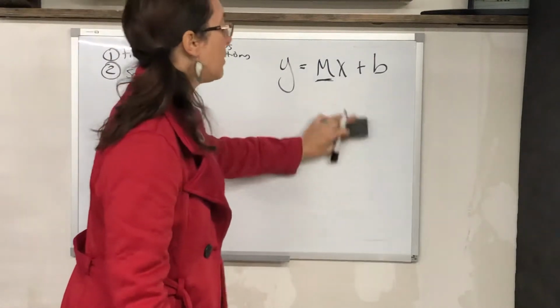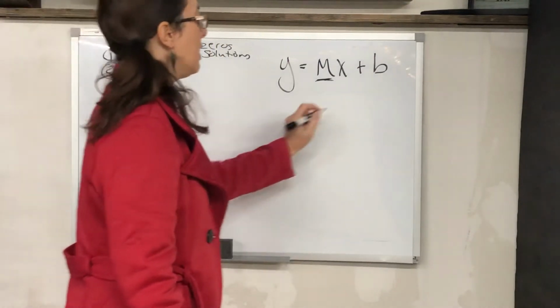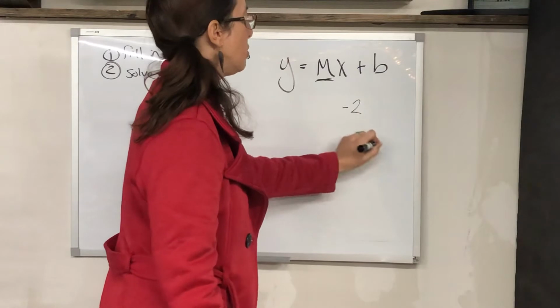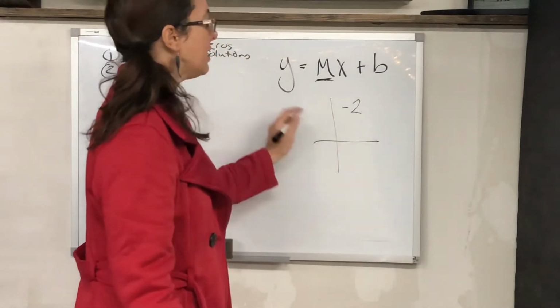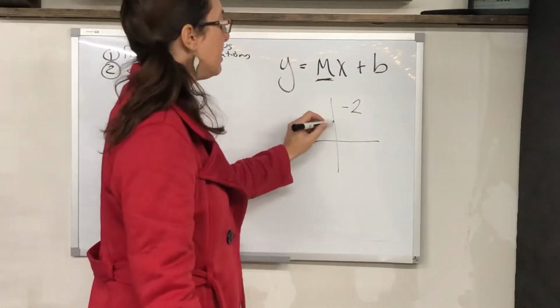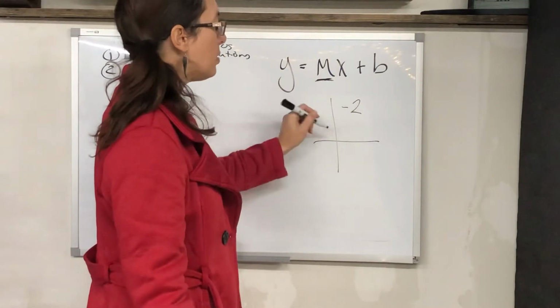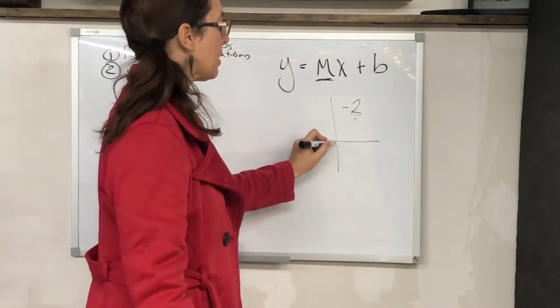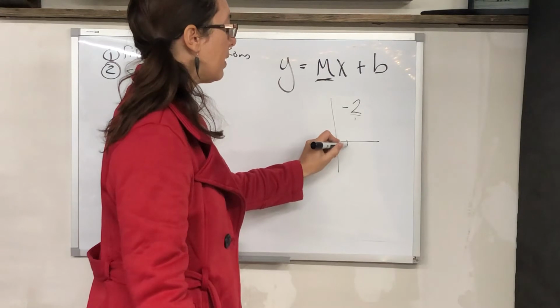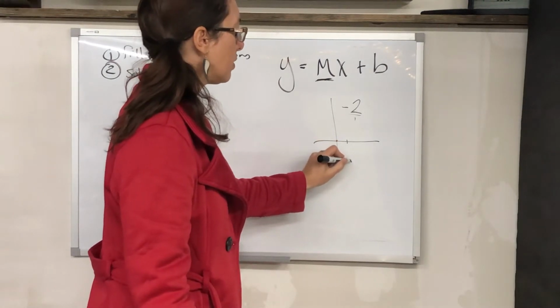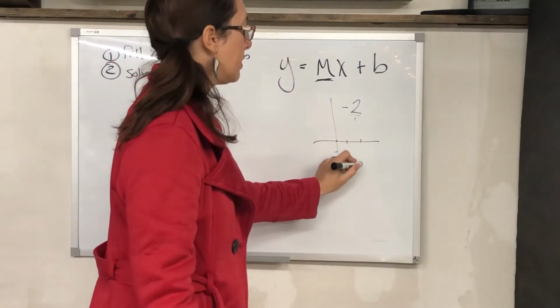What if our slope was negative? If I have a -2 as a slope, this is rolling down a hill. This means that I'm going to go down 2 every time I go over 1. So if I go over 1, I'm going to go down 2. Over 1, down 2.